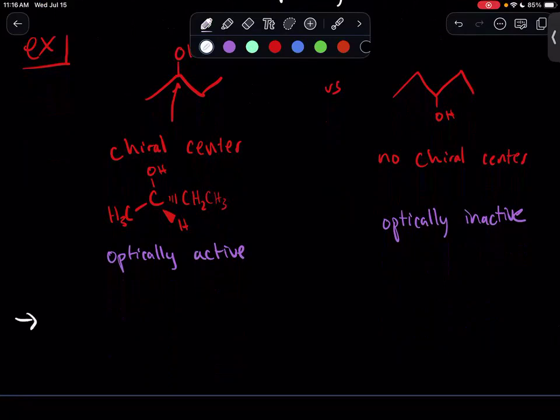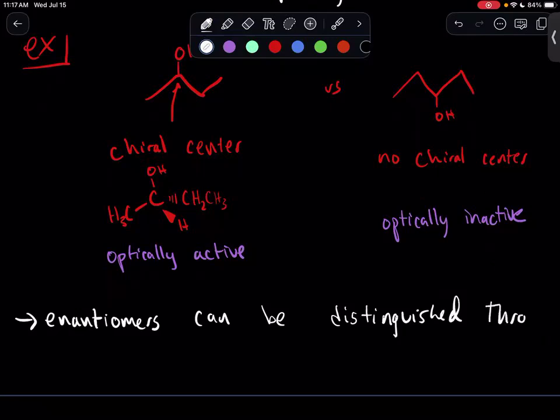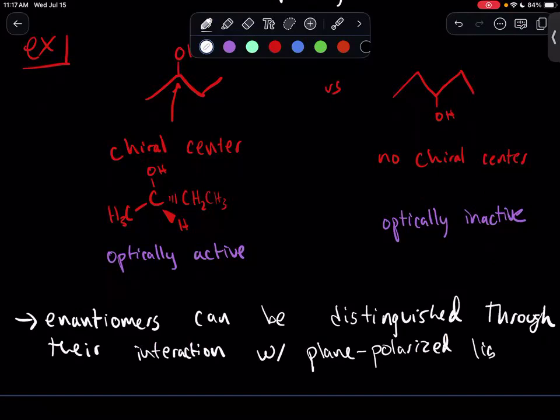Well, the reason is because enantiomers, or optical isomers, can be distinguished through their interaction with what we call plane polarized light.